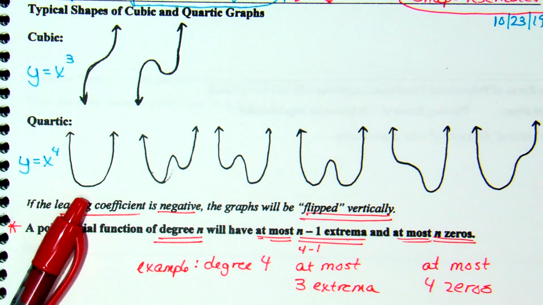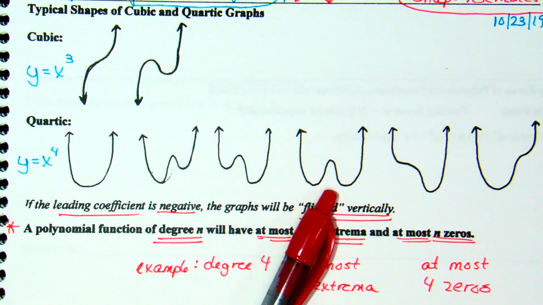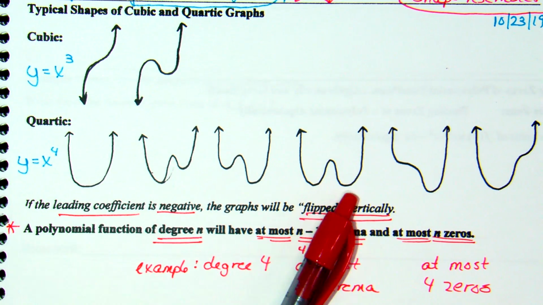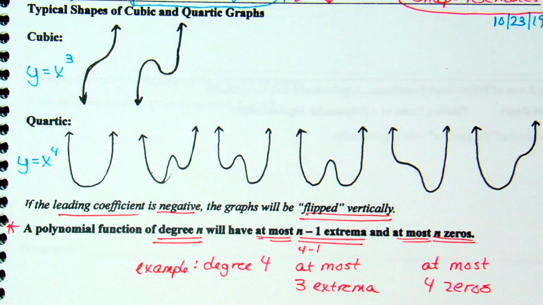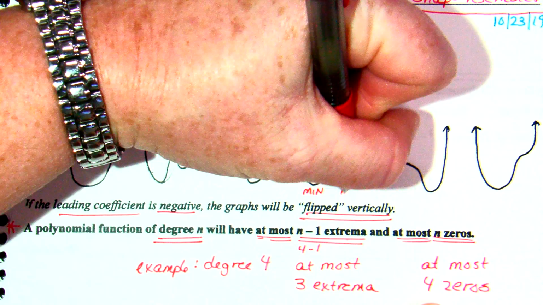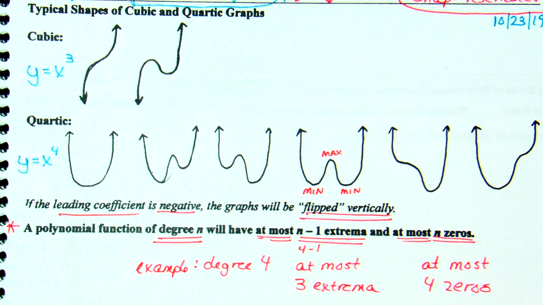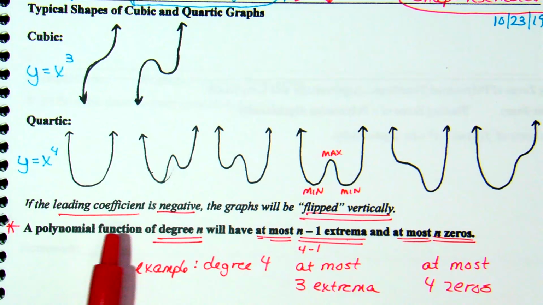Okay, what about if we go look at this one over here? How many extrema does it have? 3, because there's 1 min, 2 mins, and 1 max. So you've got a total of 3 extrema. Min, max. Okay, some of the others are other variations there.